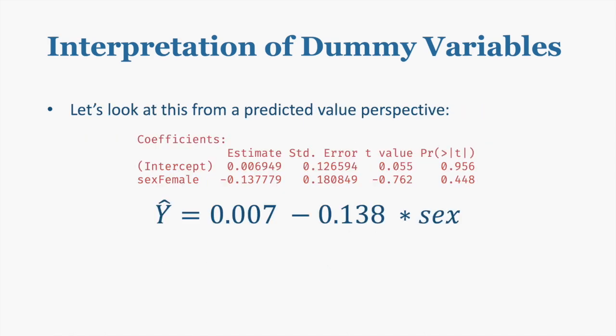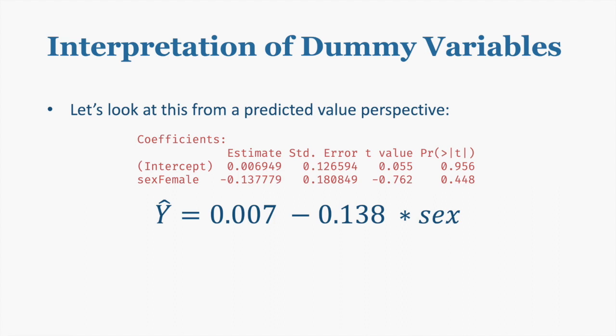You can look at this from a predicted value standpoint. So same model, we're just plugging these values into the equation. So we have 0.007, minus, because this is negative 1.38, times sex.